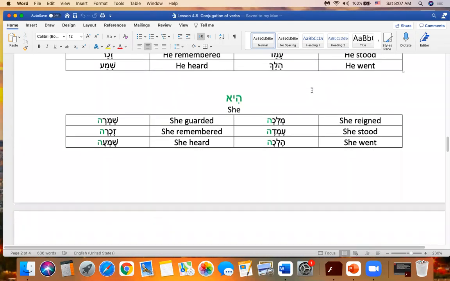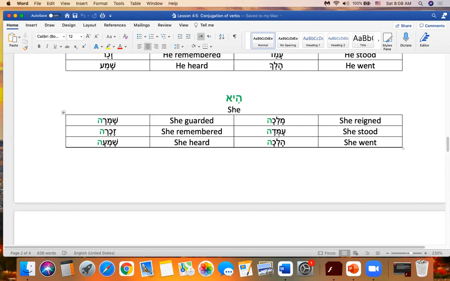Now she is the one that is the most different. Of course, we're women, we're different. So it takes a different set. You take the first two letters of the root as one syllable, and then you attach hey at the end. So for reigned, the root is malak, but you say malcha. For stood, it's amad, but you say amda.